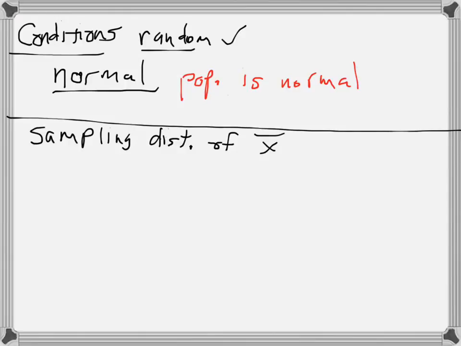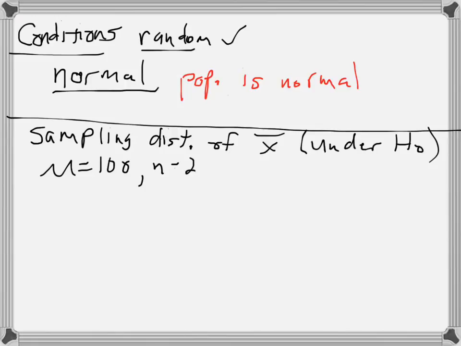Whenever we do these sampling distributions, we assume that the null hypothesis is true. So my mean is supposed to be 100, because that's the average IQ score. I sampled 25 people. The standard deviation of the population is known as 15.